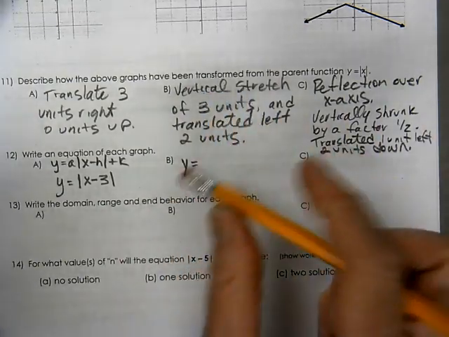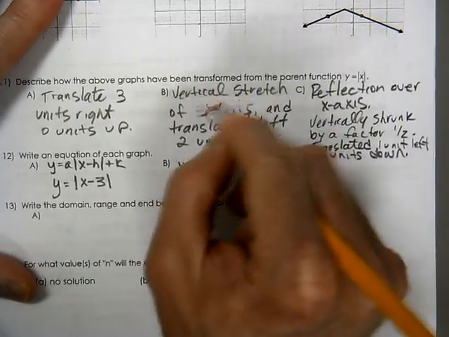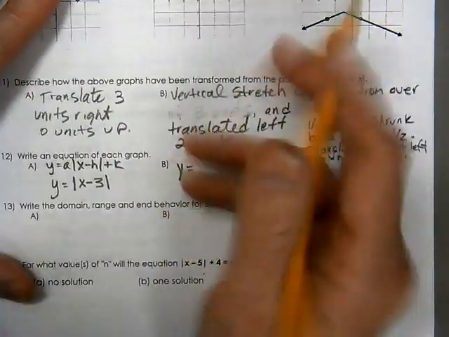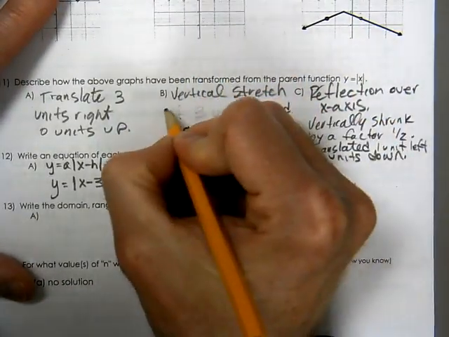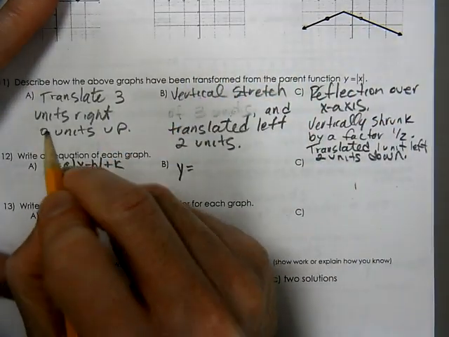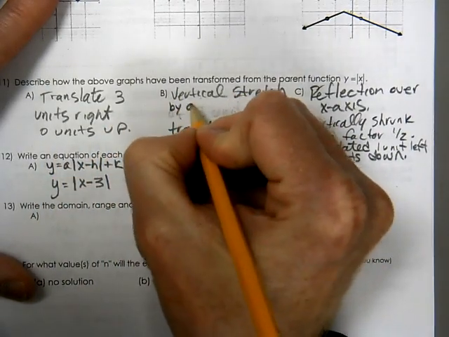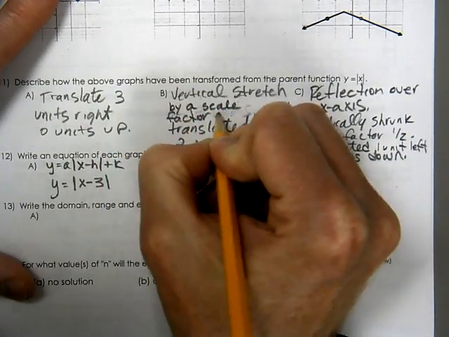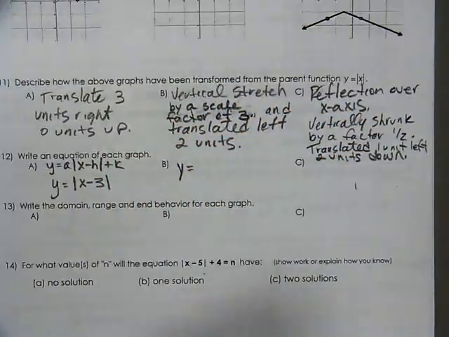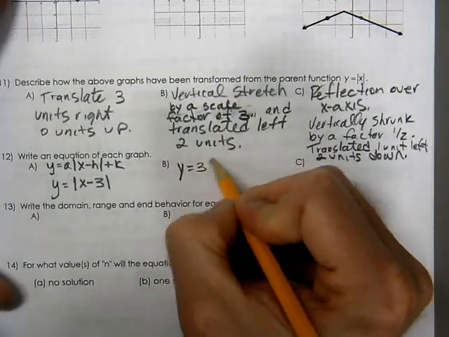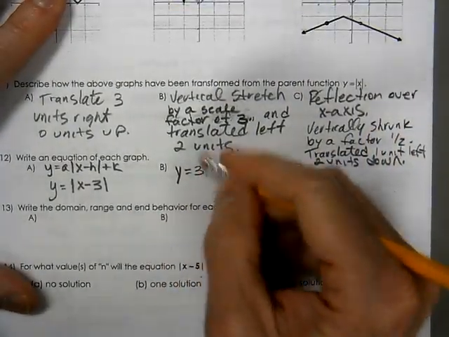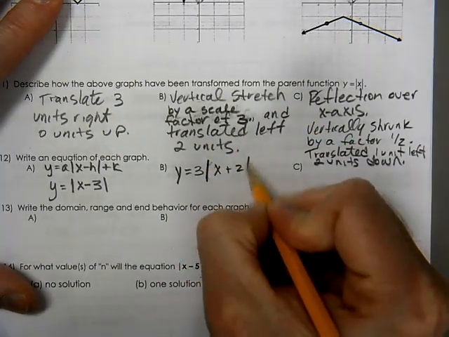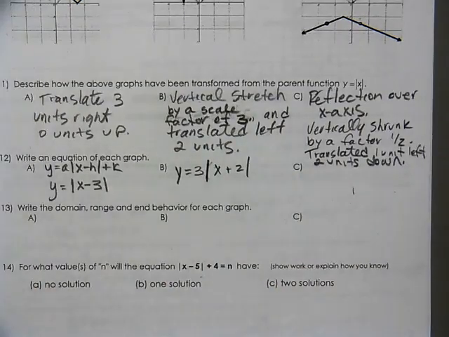A vertical stretch by a scale factor of 3. So we have a 3 in front and an absolute value bar, x plus 2 minus 0.